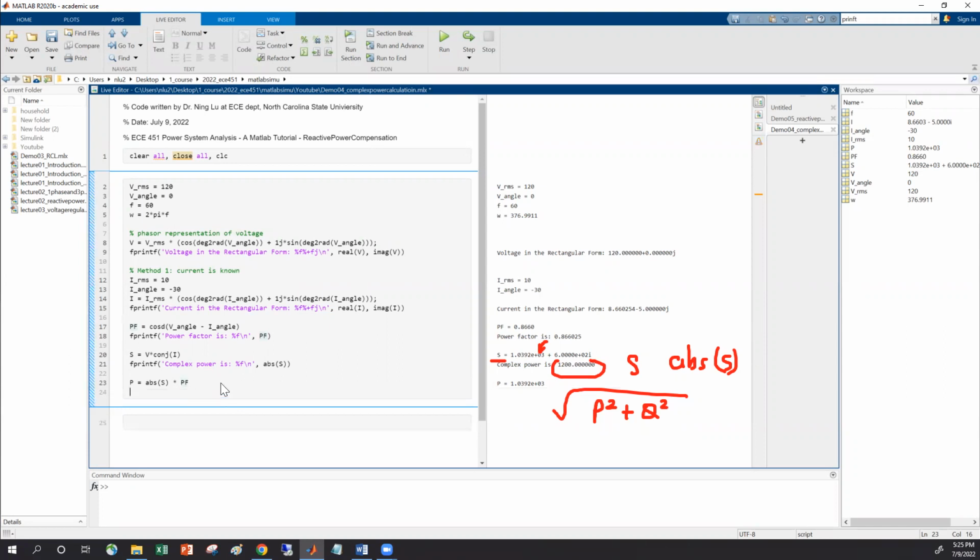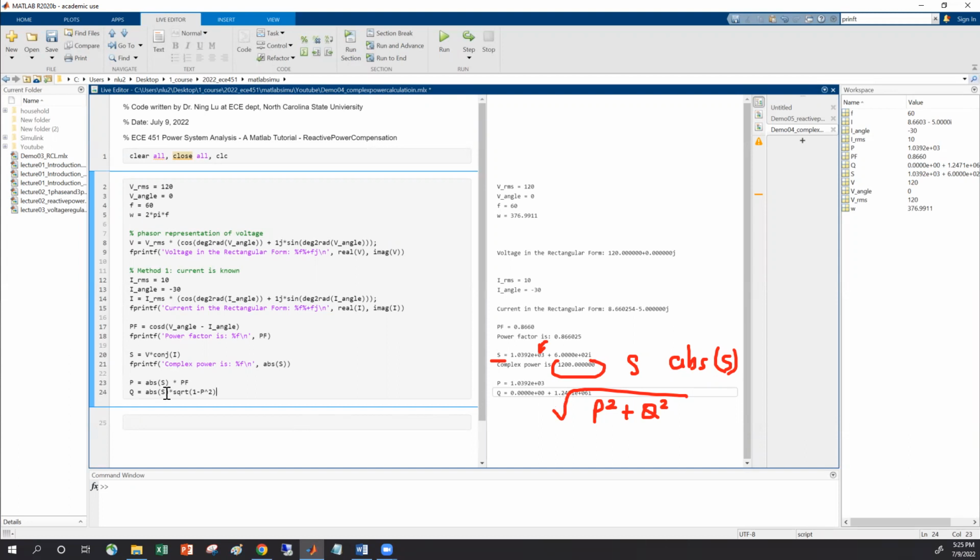Okay. If I want to compute the reactive power Q, that should equal ABS, that's the magnitude, the RMS value of S, basically, times SQRT of 1 minus P square. That should give us the Q value. Let me run that.